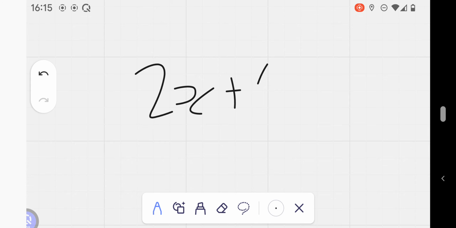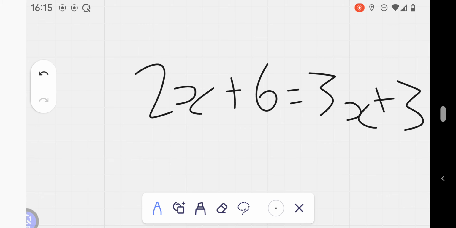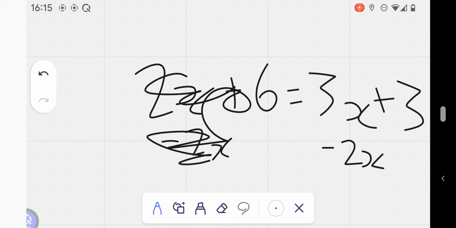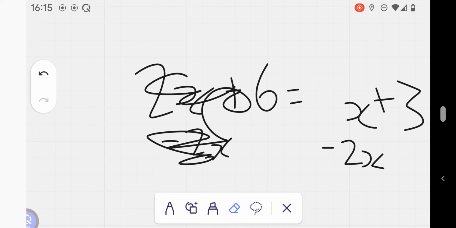2x plus 6 equals 3x plus 3. Okay, we need to get x on one side to begin with. So let's minus 2x from both sides. Now we'll end up with 6 equals x plus 3.